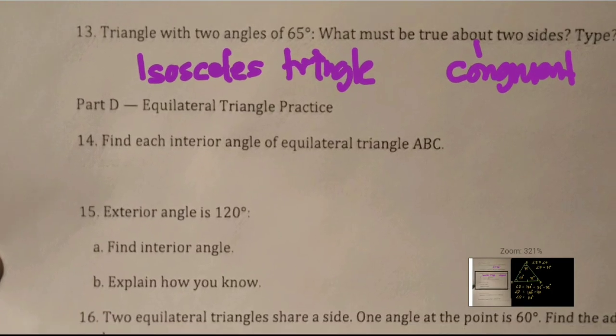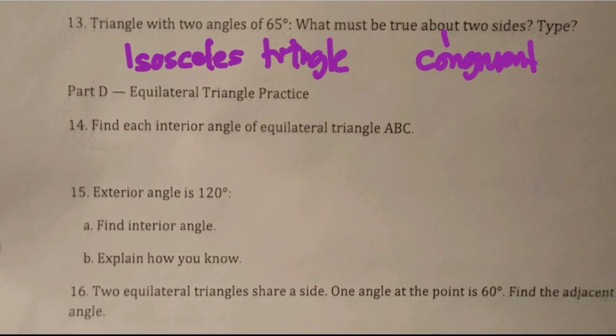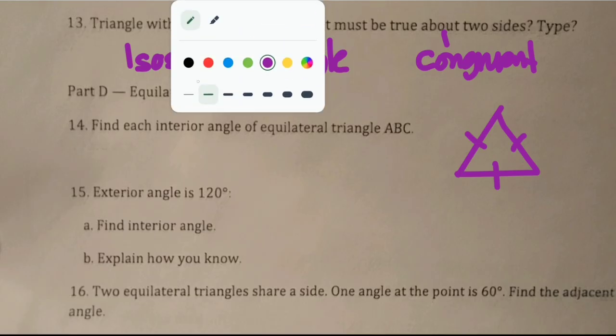Alright. Part D, equilateral triangle. So what do you mean by equilateral triangle? Yes, so all sides are congruent. Find each interior angle of an equilateral triangle ABC.